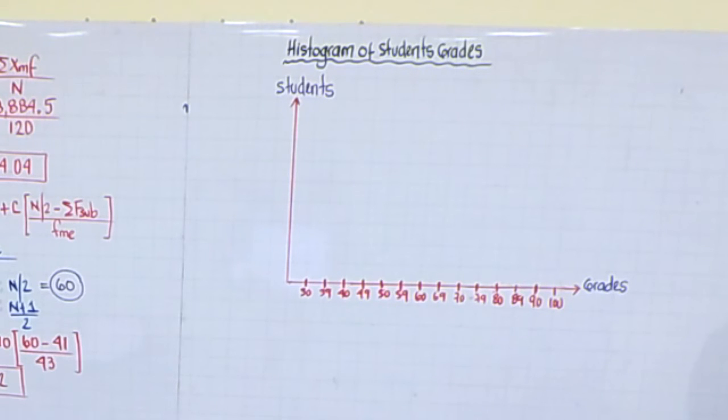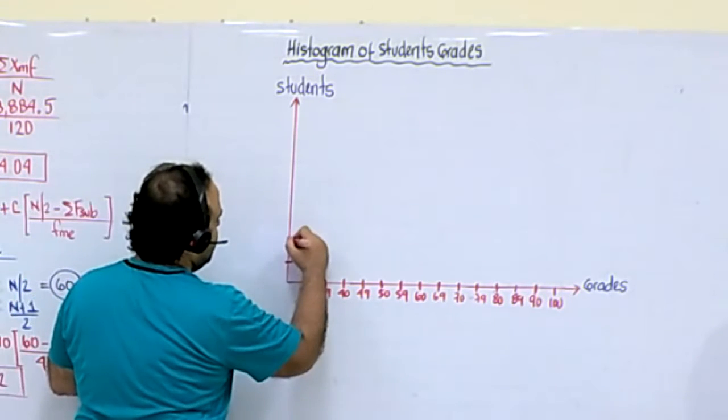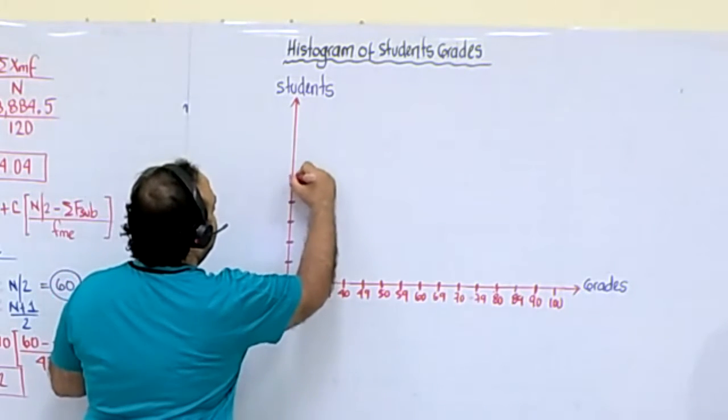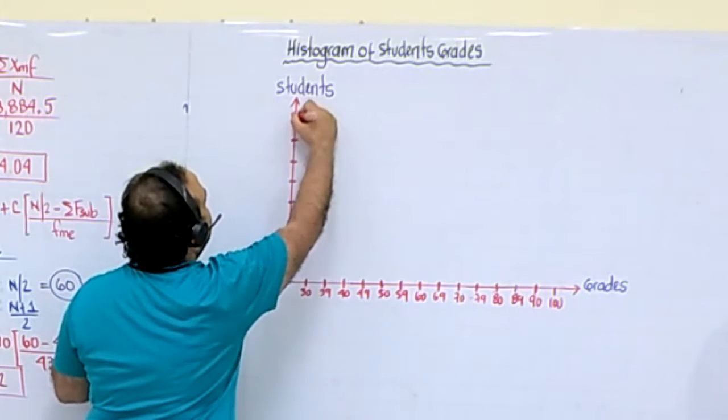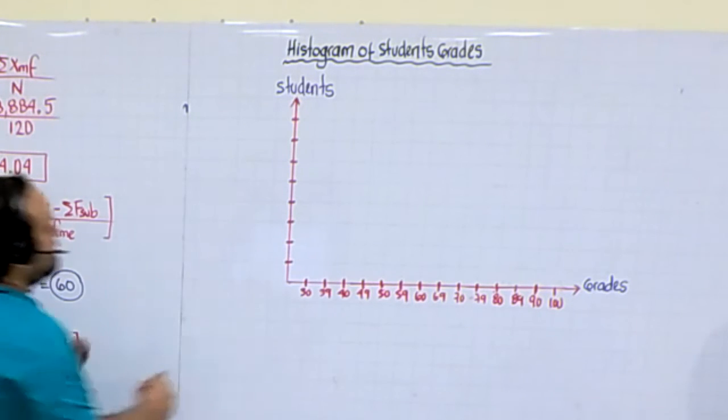I'm going to copy these numbers in order, obviously, from the smaller one to the bigger one. We're going to give approximate values: 1, 2, 3, 4, 5, 6, 7, 8. The first one, we're going to say number 1.